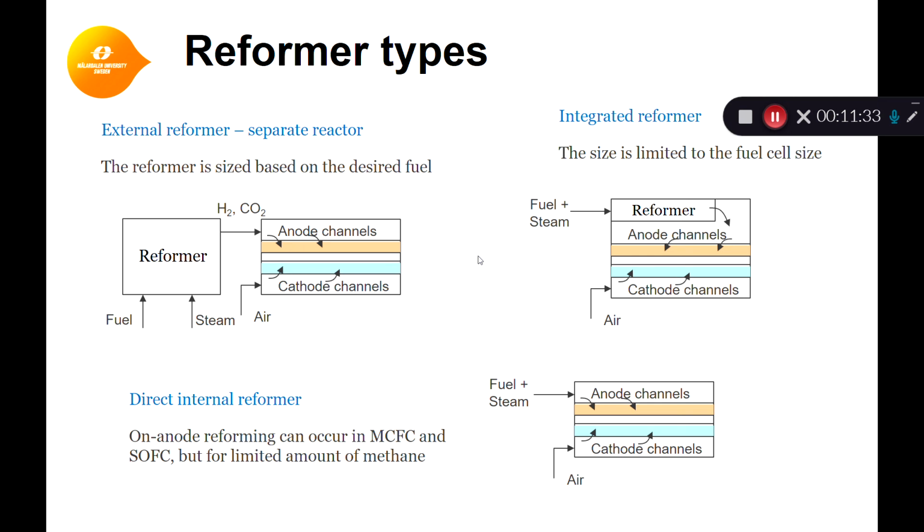Methane can be converted directly in the fuel cell to hydrogen. Of course, this case limits the amount of methane that can be converted because the size of the fuel cell is fixed.